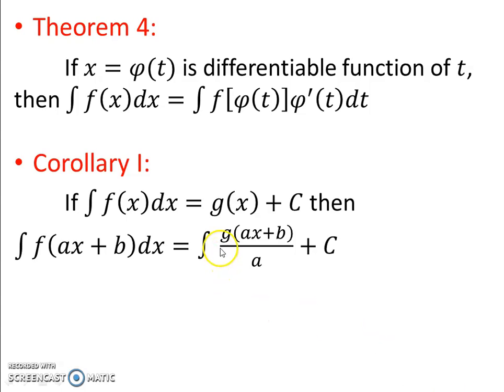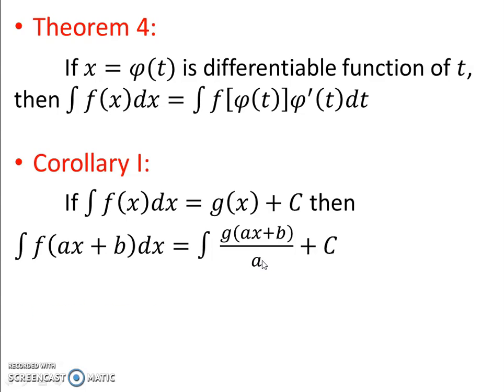Sorry, the correction here: not integration, only g of ax plus b divided by a. That is, the derivative of ax plus b is a, so that is g of ax plus b divided by a. So that is the formula we have already studied. Integration of f of something equals g of something divided by the derivative of something, where something is a linear function of x.